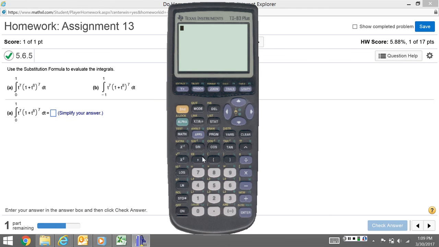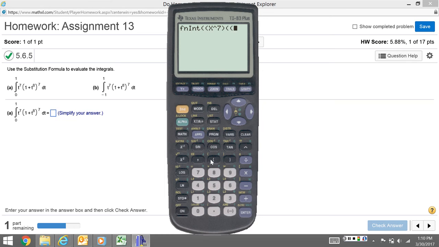But with the definite integrals, I'm going to go to Math, and down to my integral button, fnInt. The first thing I'm going to do is put in this integral, and I use lots of parentheses. So I'm going to do parentheses x, and I'm going to use x instead of t, to the 7th, parentheses. That way that's all in parentheses.